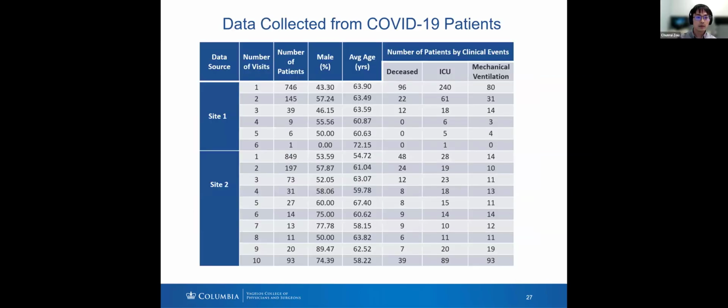So in our case, for the imaging data, all the parameters regarding the imaging data, like contrast and the pixel spacing, were all collected. And also the clinical variables, like the disease, mortality, ICU admission, and mechanical ventilation were also collected.